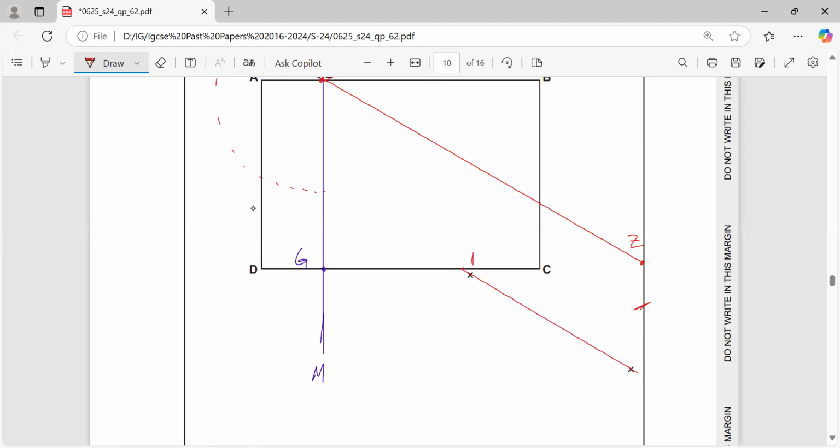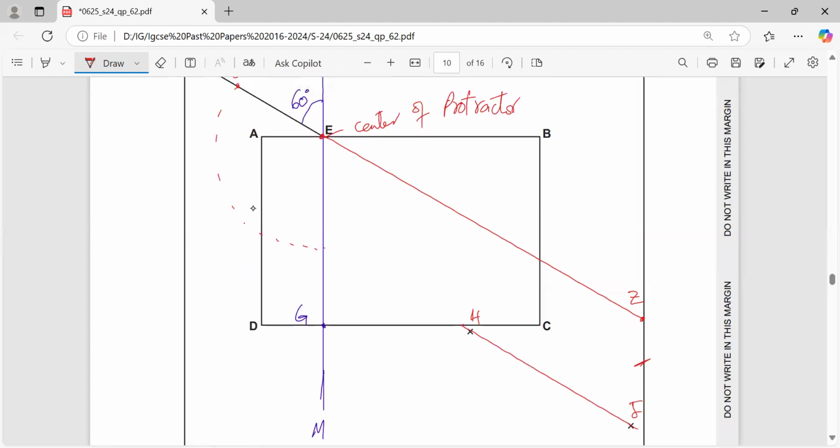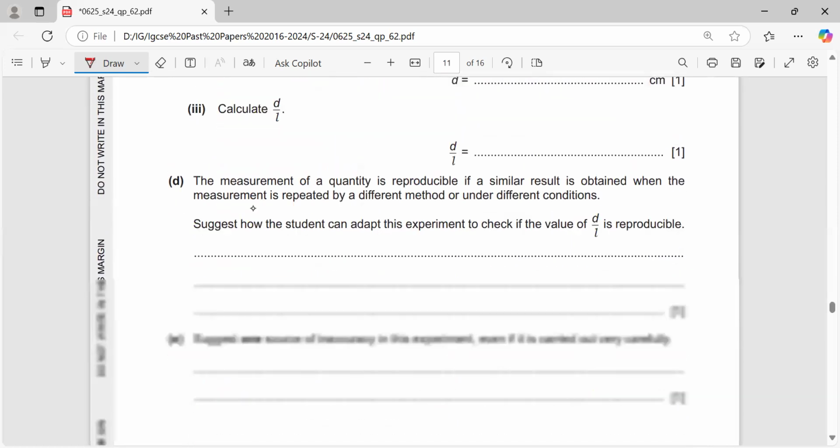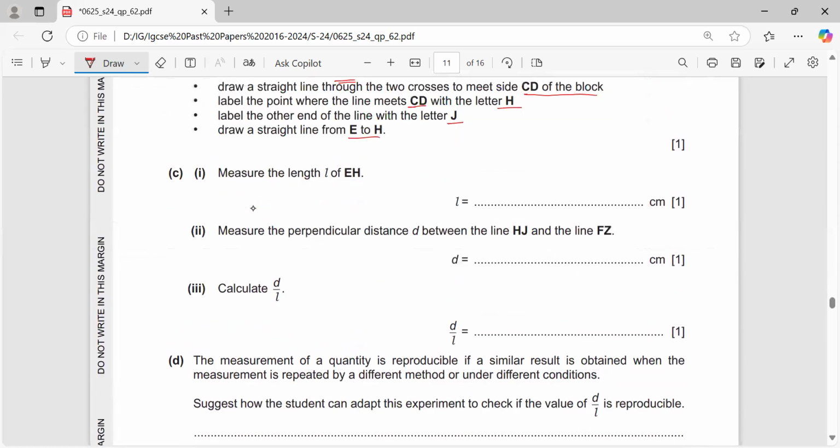Here he said label it H, the other end label as J, and then a straight line from E to H. I am just following the instructions of the examiner, nothing from my side, no perception. He said to use letter H where it meets CD and the other end J, and join E to H.